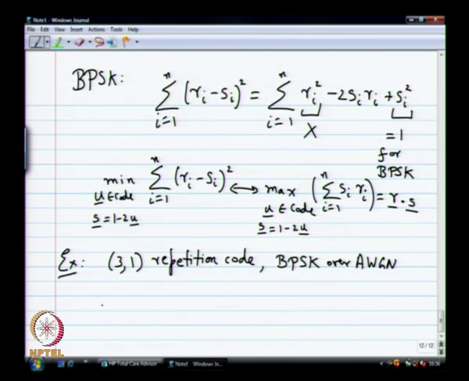Is that okay? So the first one I am going to give you is, let us say, 0.1, 0.2, 0.3.